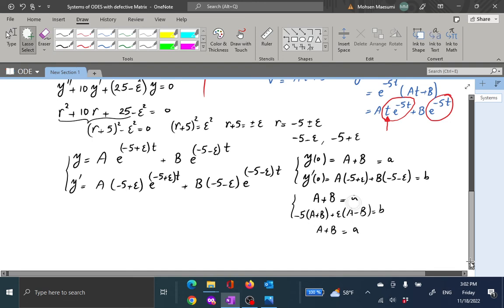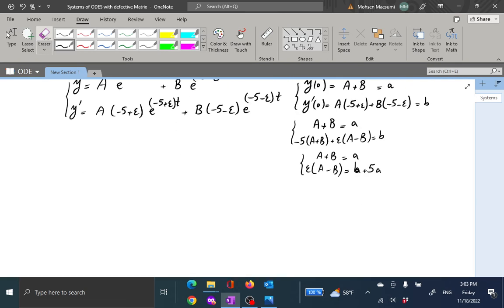Since A plus B is just a, I put it here and move everything to the other side. So it's epsilon times A minus B, and this becomes b plus 5a. Is that right? So A plus B was little a. I put it here, moved it to the other side, and that's what I have.